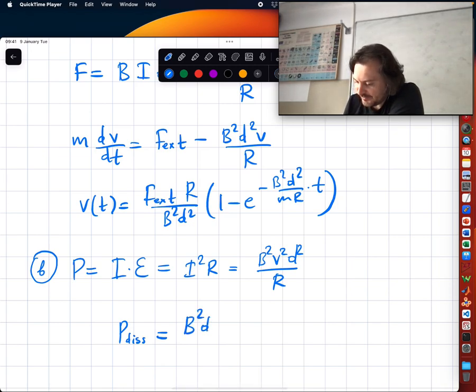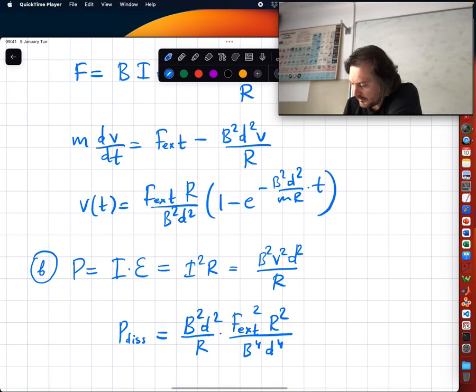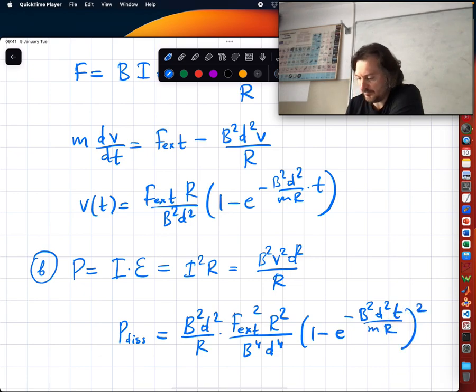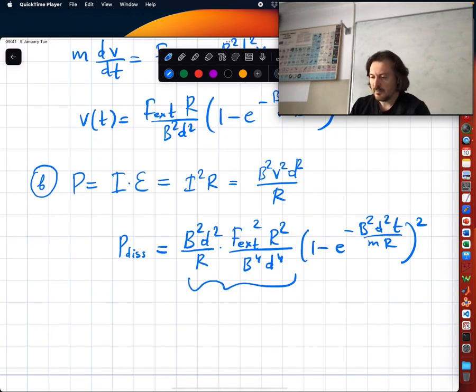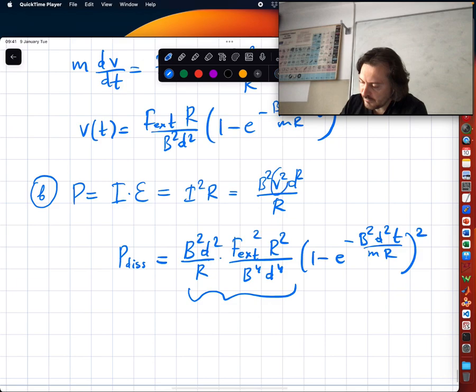B squared D squared over R times F external squared R squared over B to the 4 D to the 4, times 1 minus e to the minus B squared D squared T over MR, squared, right? So this is just V squared and I insert V from here.